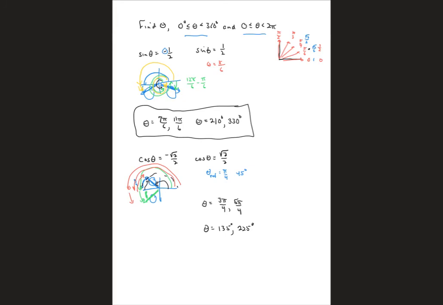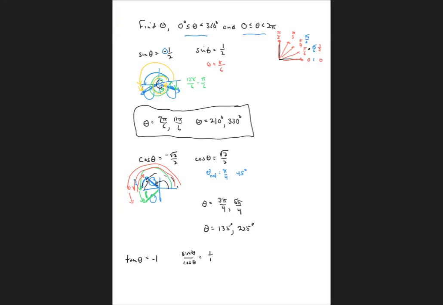We're going to do this as tangent of theta is equal to, we'll say, -1. Now tangent theta, again, ignore the negative sign for a minute. Remember, tangent theta is sine over cosine. So for this to be equal to 1 means that sine theta and cosine theta must be equal to each other.